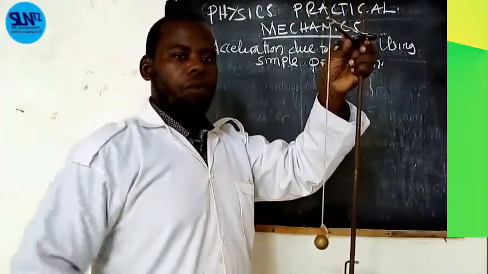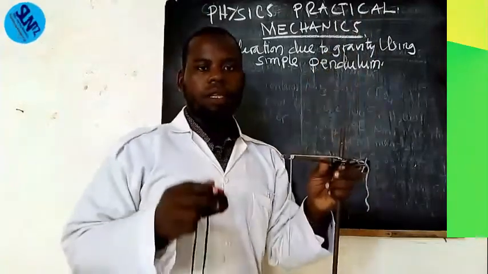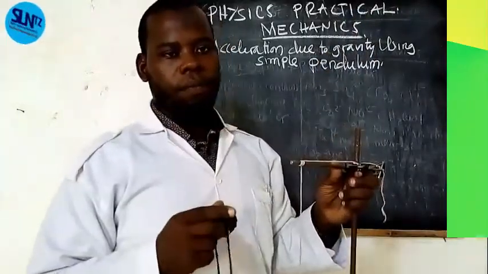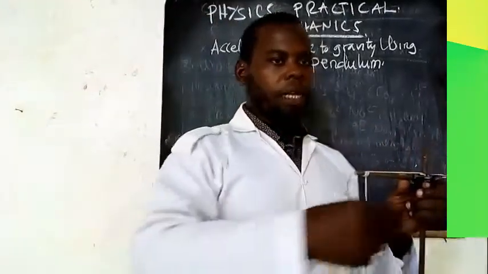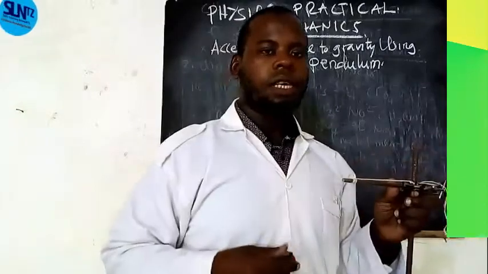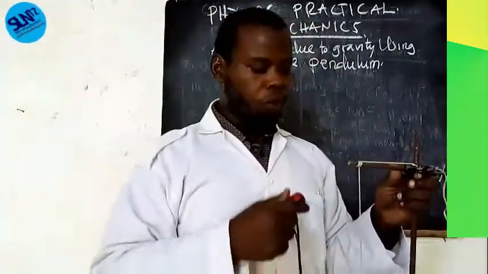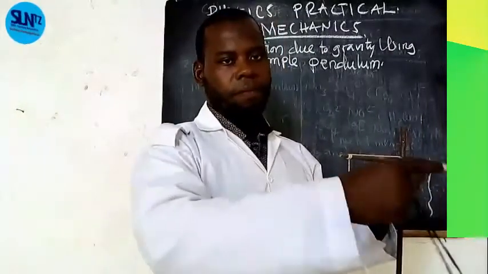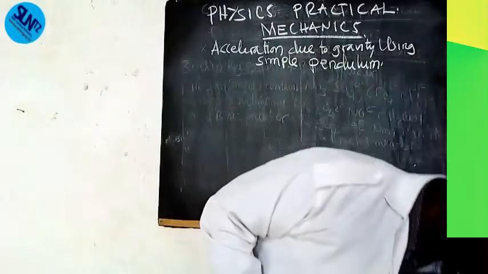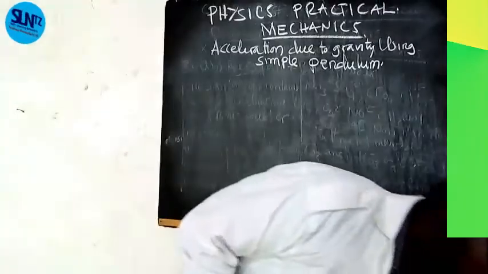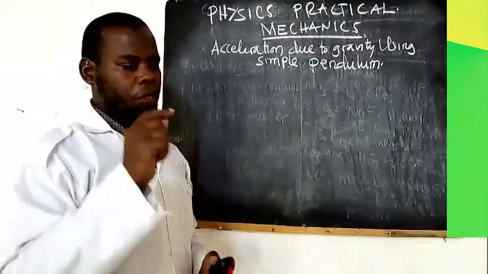Also, you will have a stopwatch, in order to record your periodic time, or your time for a certain oscillation, and then you are going to find the periodic time for one oscillation. So for one movement, that is simple pendulum motion.